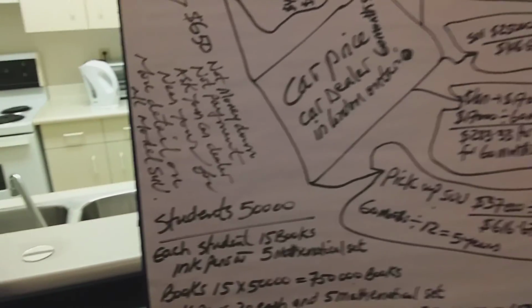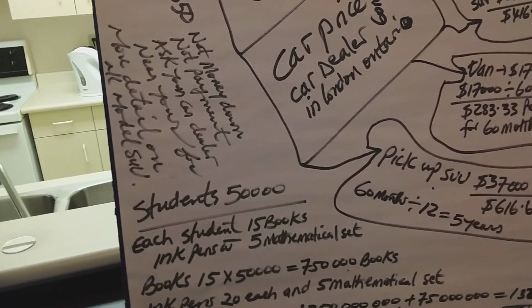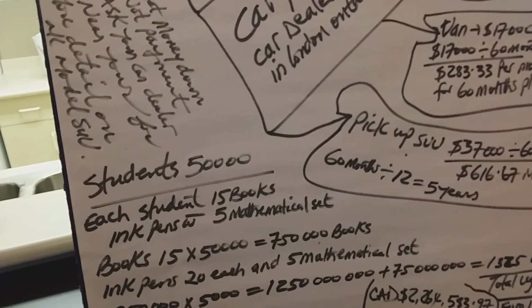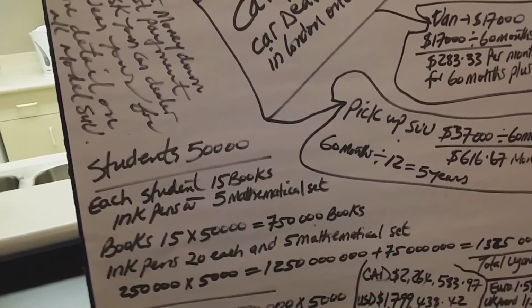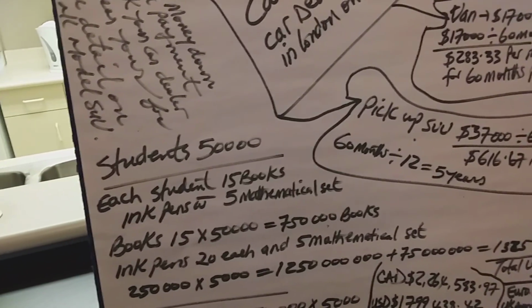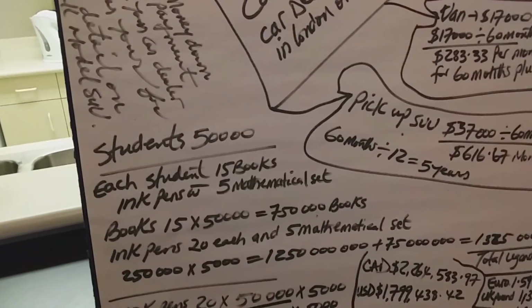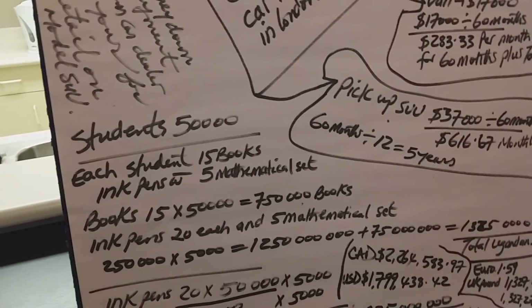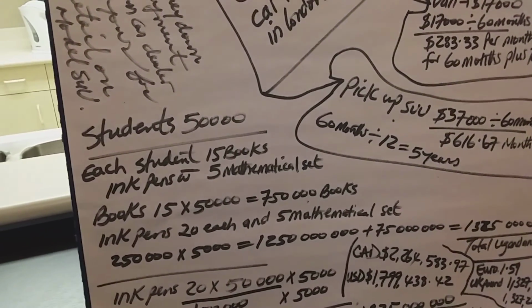If we have 50,000 students, each student needs 15 exercise books, 20 ink pens, and 5 mathematical sets a year, or per term.